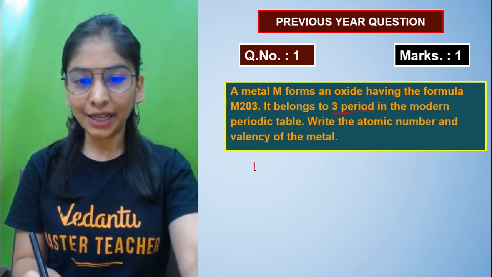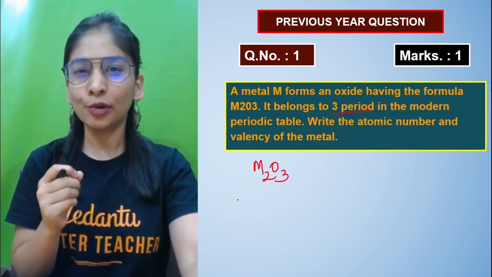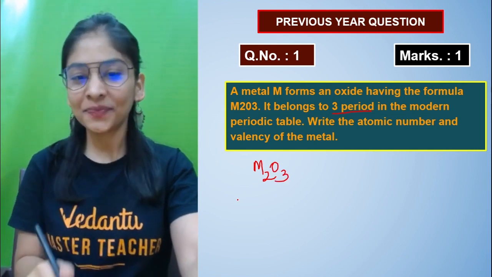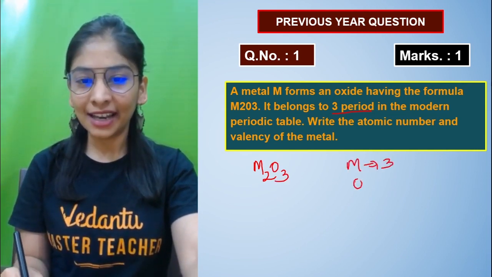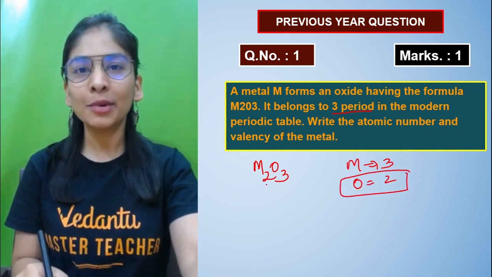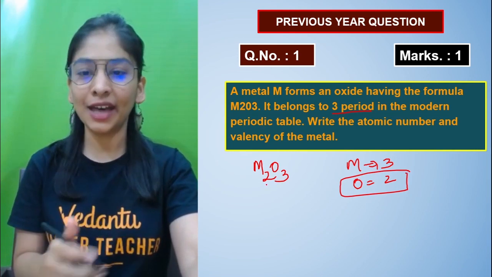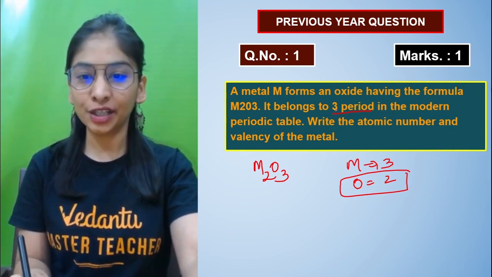The formula is M2O3, which is giving me an idea. All the information is more like a code that you need to decode. So the valency of M is 3, valency of O is 2. We already know oxygen will have a valency of 2, because the formula we get is from the cross multiplication of valency. M's valency is 3 and it belongs to the third period too.